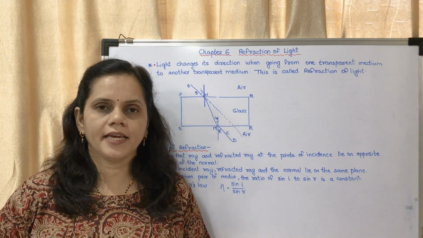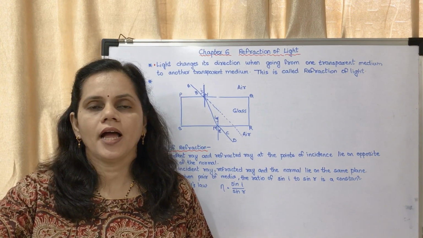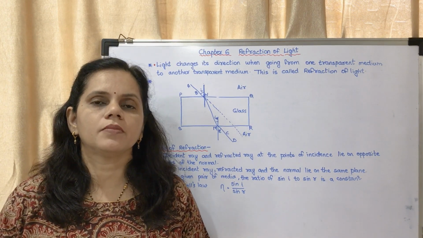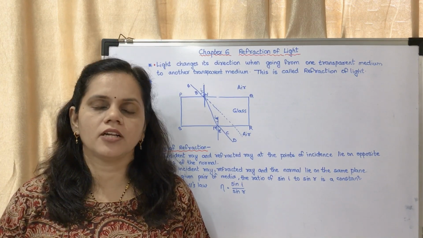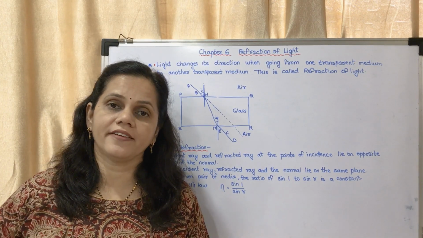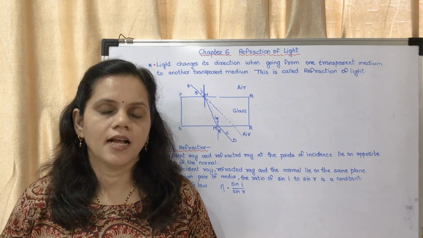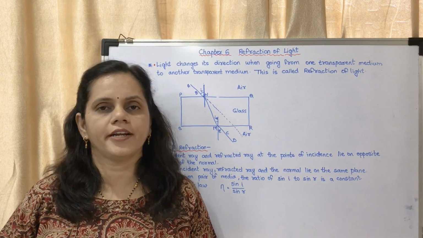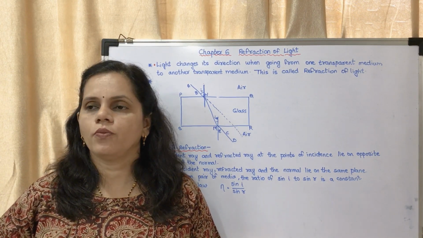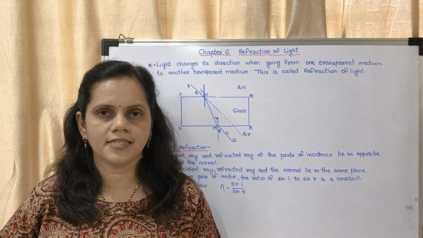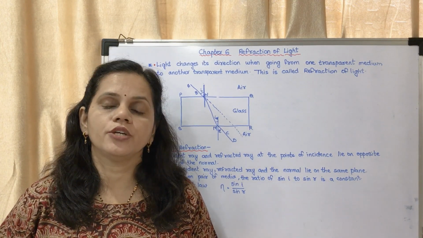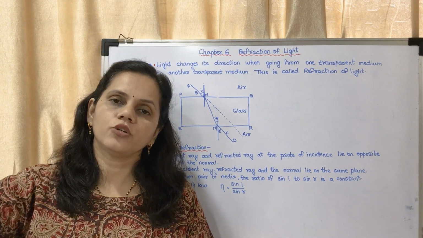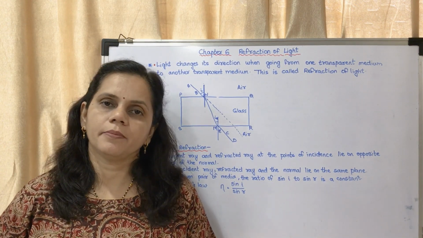Not far away but a little distance. Then you have to ask somebody to pour water into it. You may see that when the level of water rises, after a particular point, you are able to see the coin at that same position where you were not able to see before.